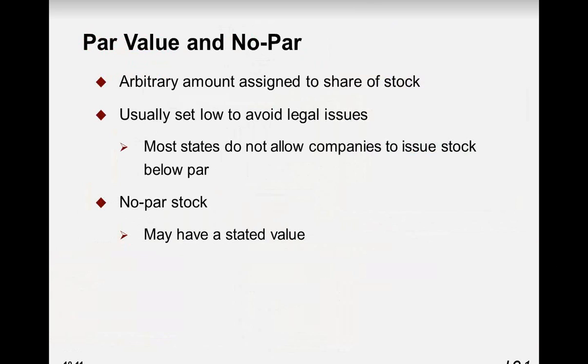So if I had stock with a par of $10 and the market bottom fell out of the market, I could not issue stock at $8 a share. So if I make the price of my stock $1 par or a penny par or half a penny par, then I can issue it at any price I want above that. And so it's less likely that I'll run into trouble selling my stock.